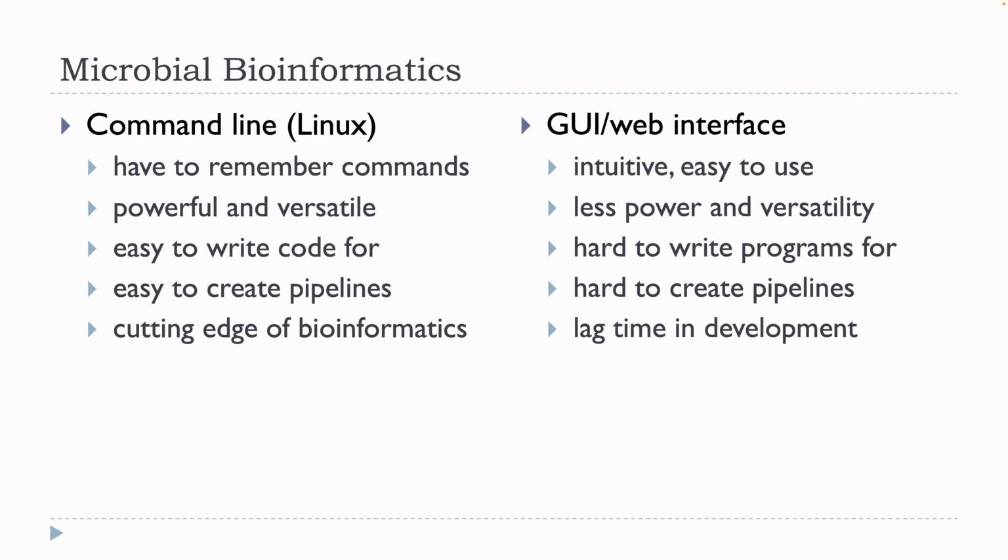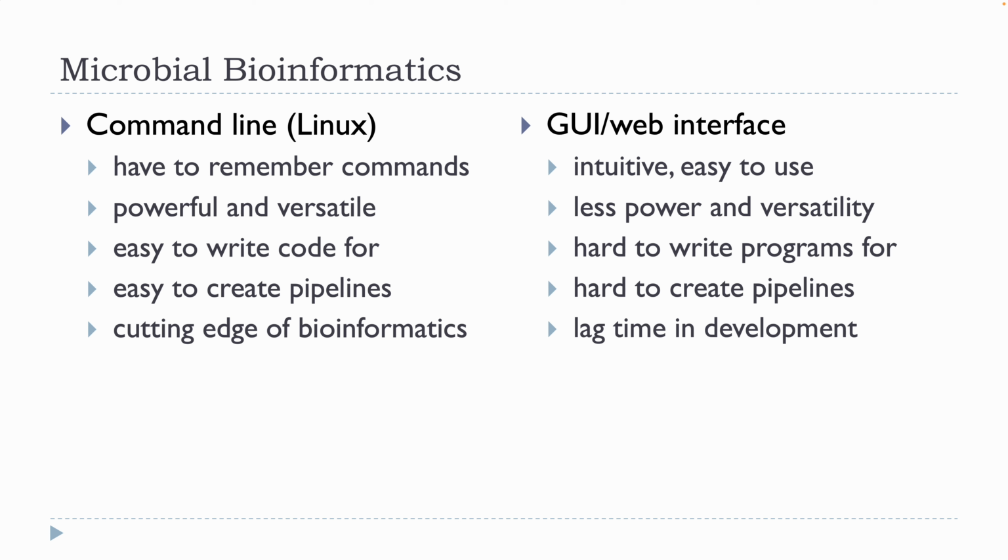But one important thing that we have to look at when we enter the field of microbial bioinformatics is that when you're doing this professionally and at speed and in earnest, you use what we call the command line, and typically a Linux type operating system, which is a variation of an operating system called Unix, where you have to basically type in commands. It means it's harder to remember. You have to remember what those commands mean, but it's very powerful and versatile.